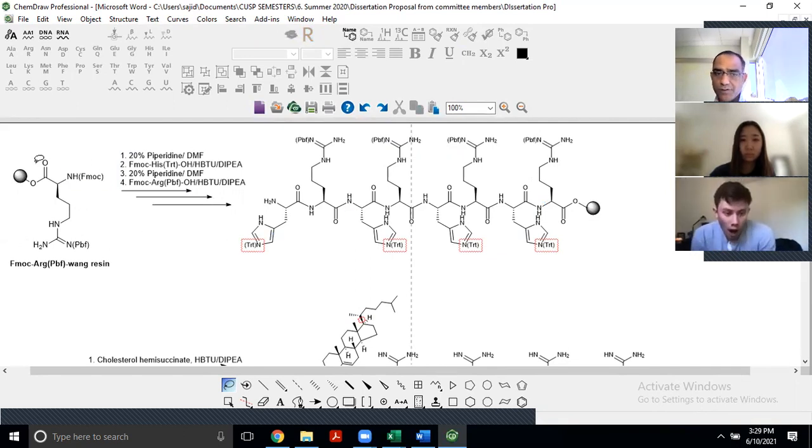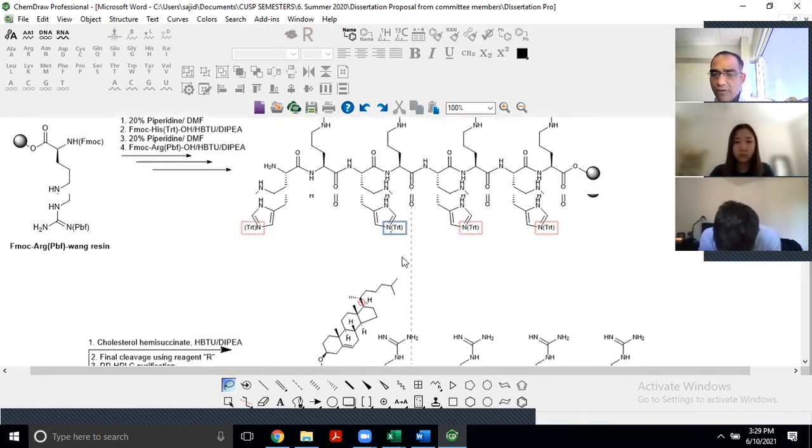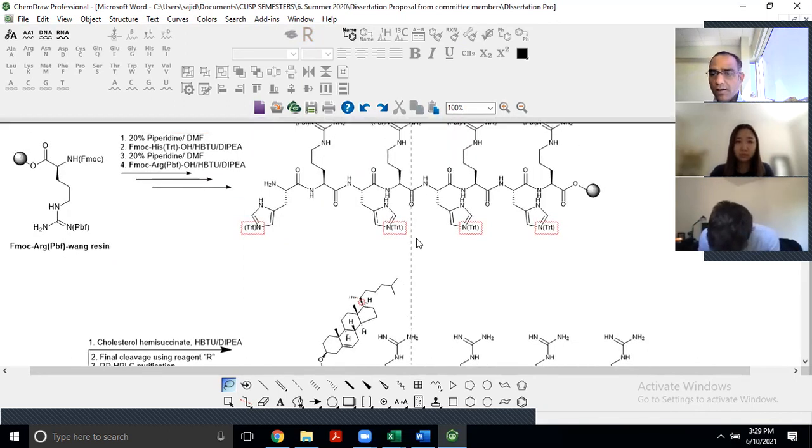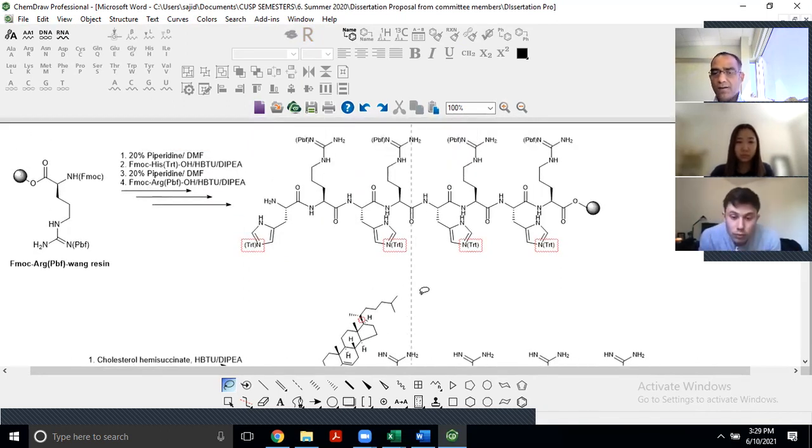We take resin. First we take resin. Then we remove the FMOC from the resin. And then we react it with the next amino acid. Then we remove the FMOC from the next amino acid, and then we add the next amino acid, and we keep on doing this until we get this. Then what we do, actually, let's make it easy.